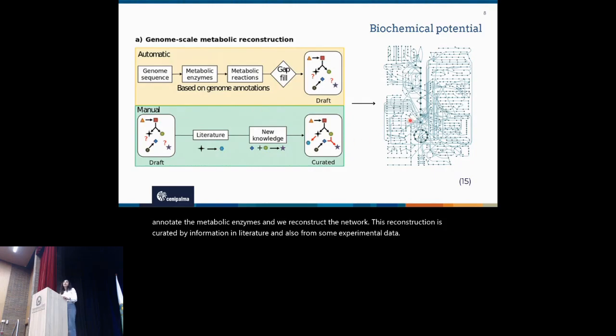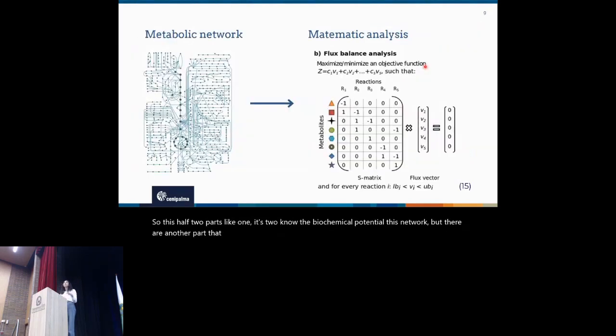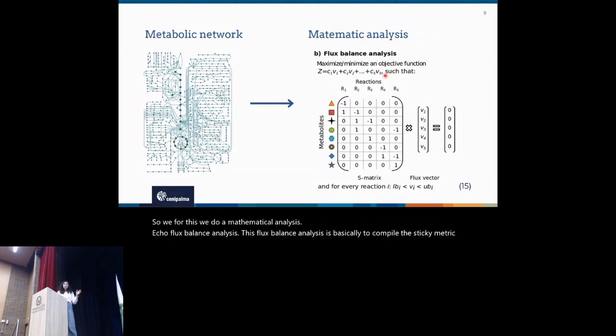So this has two parts. One is to know the biochemical potential, this network, but there is another part that is to predict the use of energy or the use of mass in the organism. So for this, we do a mathematical analysis called flux balance analysis. This flux balance analysis is basically to compile the stoichiometric information of all the reactions from the network into a matrix.